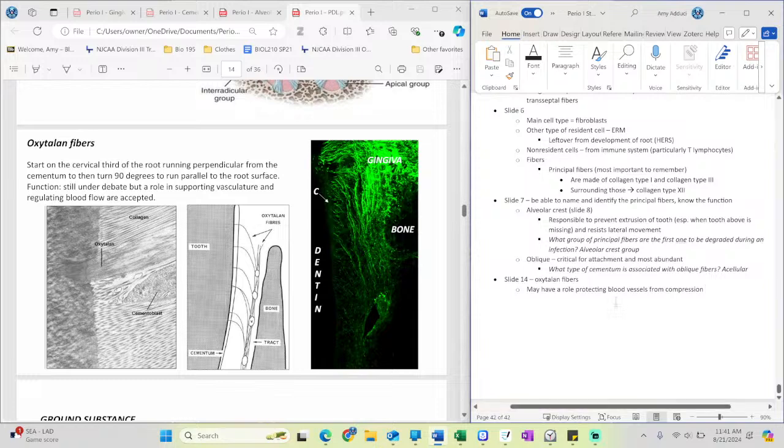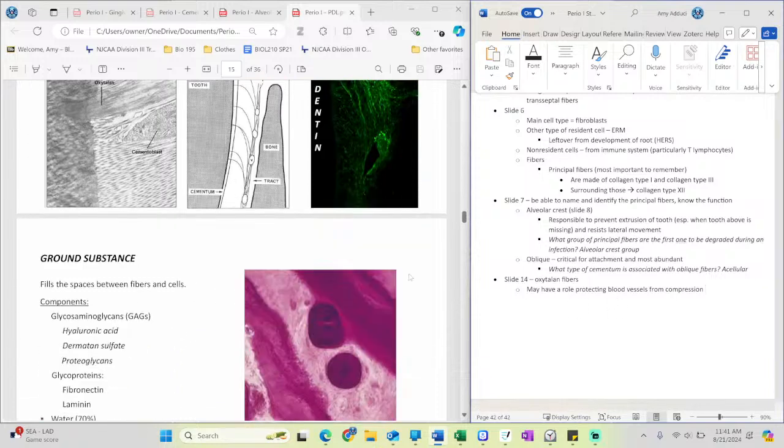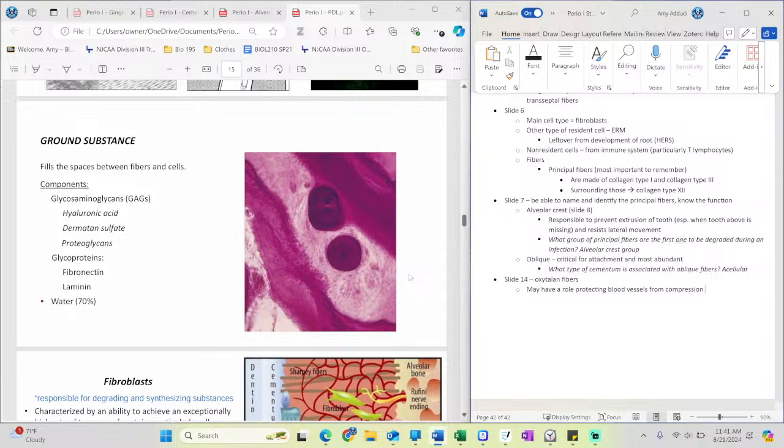Okay, regarding the glycosaminoglycans, the ground substance is very similar to any other connective tissue proper. 70% is water. That huge amount of water is necessary to allow the movement of cells in between the tissue. What cells do we need to move?